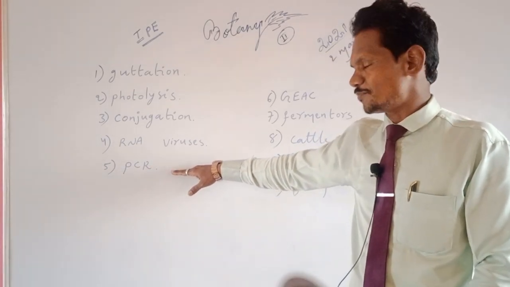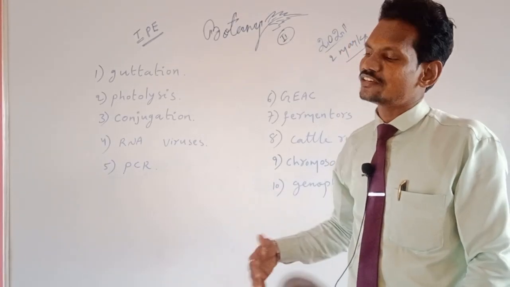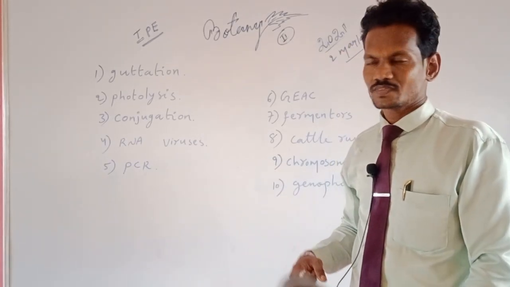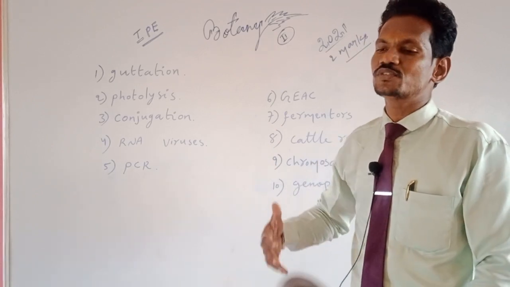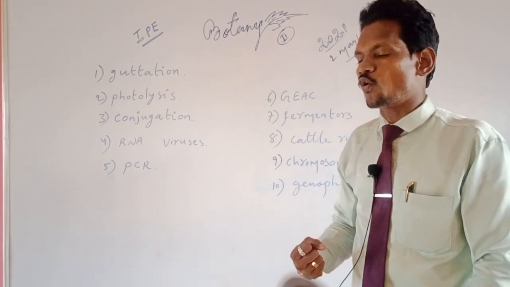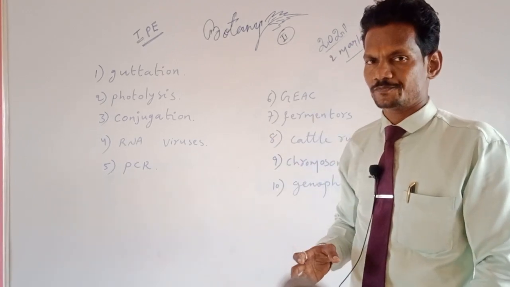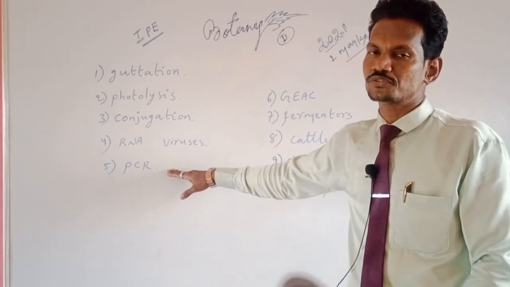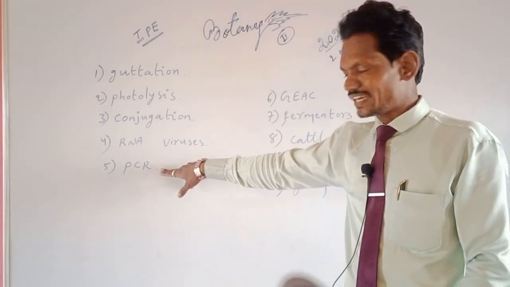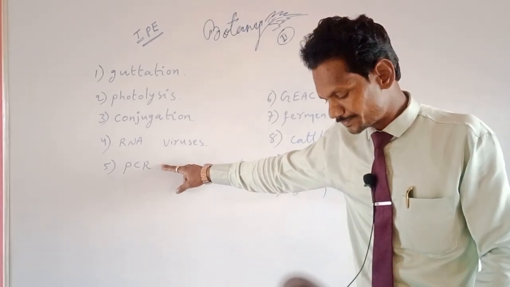Second point, this technique is widely used in DNA fingerprinting and DNA technology, and to produce desired DNA copies, multiple copies, billions of copies. To produce those copies, PCR technique is widely used. Polymerase chain reaction. That is the answer for this question.